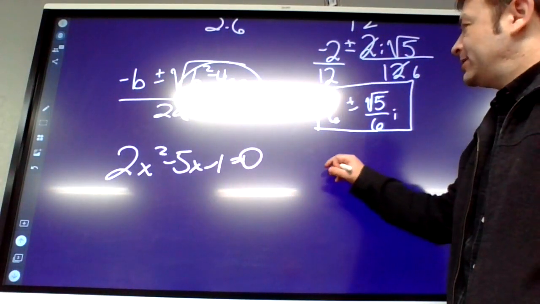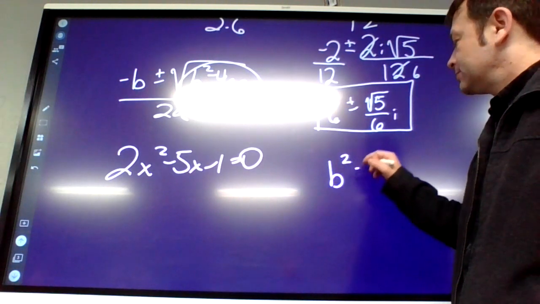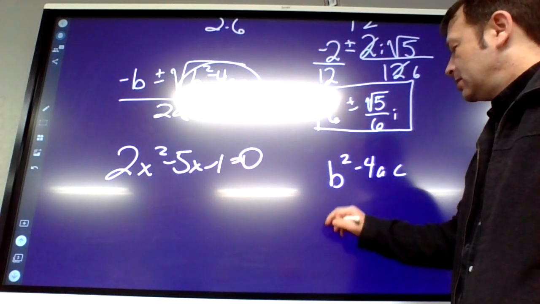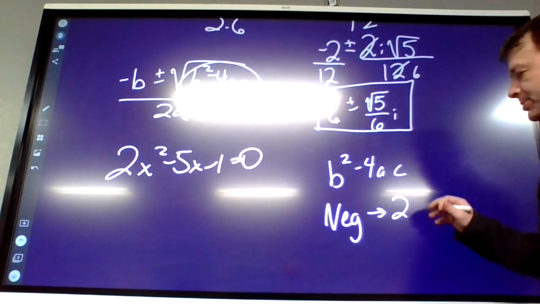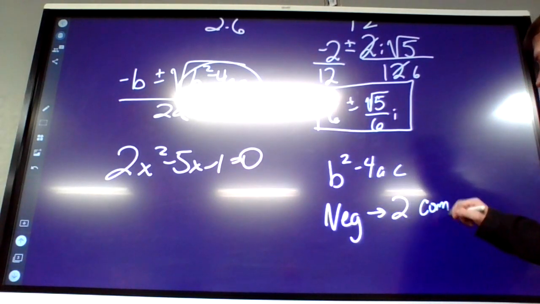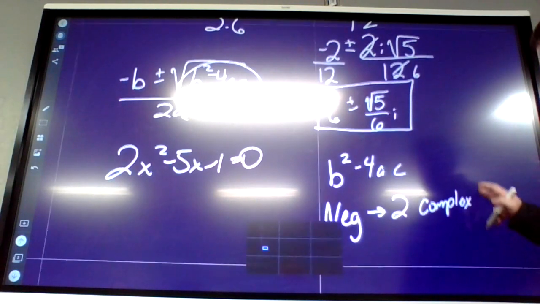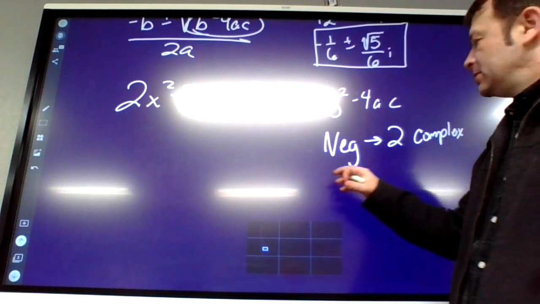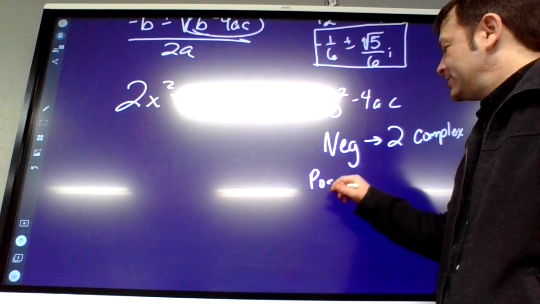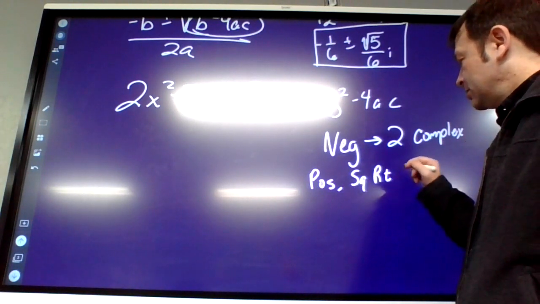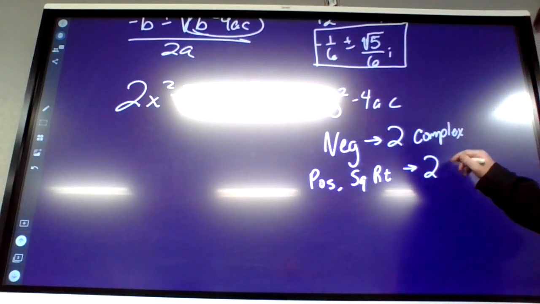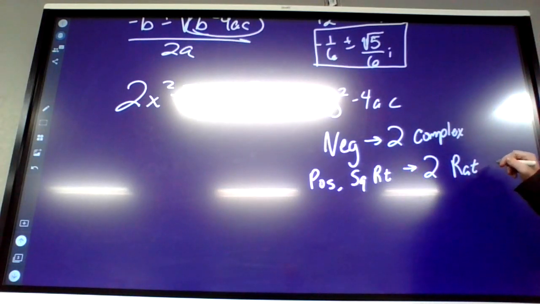If it comes out negative, for example, then you're going to get two complex answers. If it comes out positive and it has a nice square root, then you're going to get 2 rational answers, which means kind of like 2 normal answers.